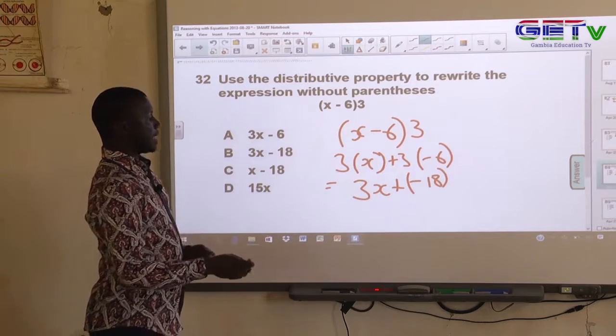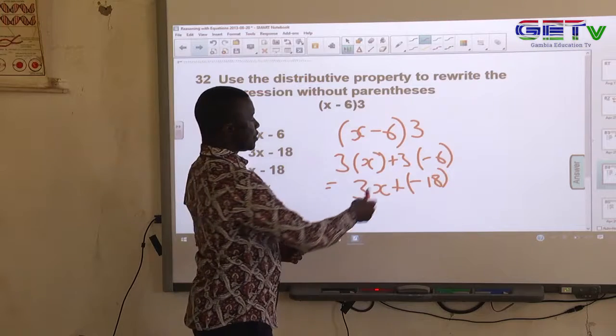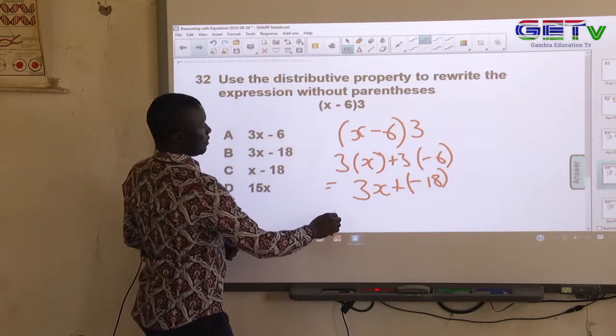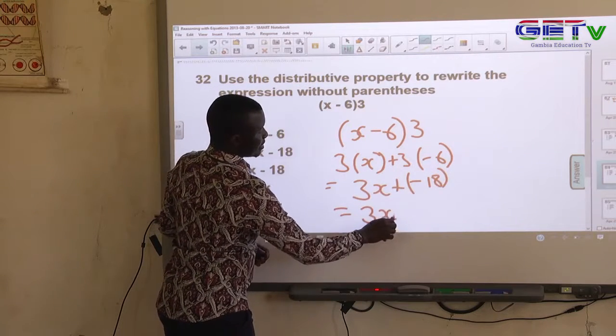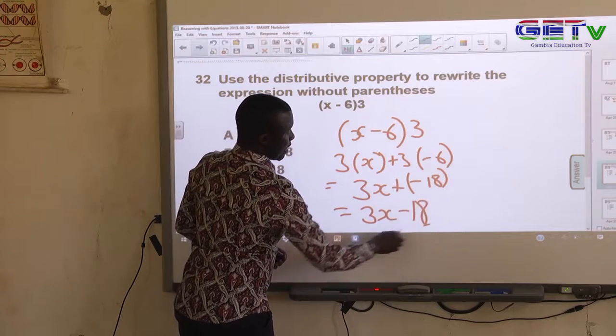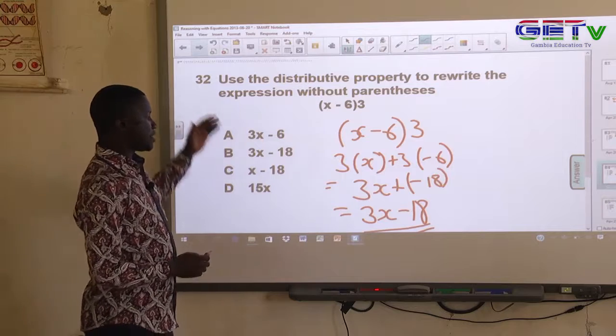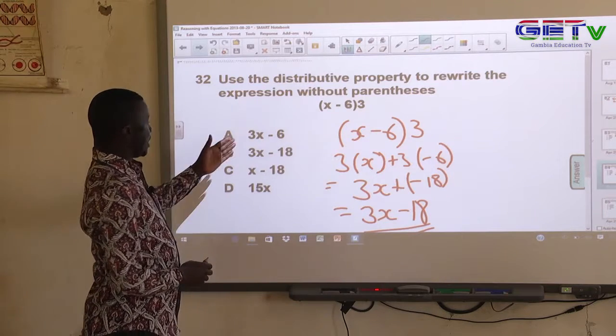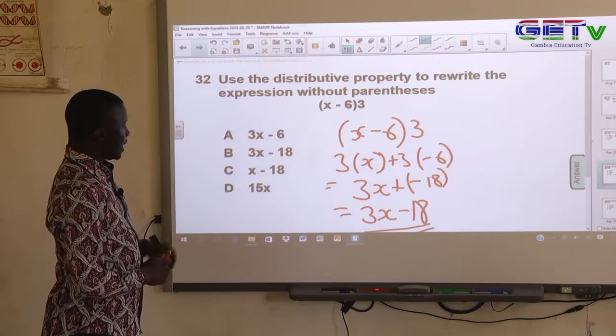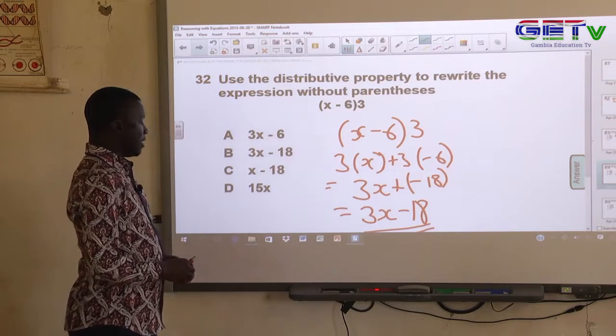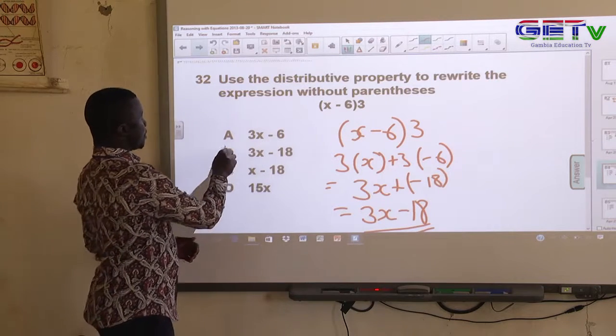So 3x plus negative 18. You can further say 3x minus 18 as our final answer. So as you can see in the options A to D, 3x minus 16 obviously is not correct. 3x minus 18 is our correct option here.